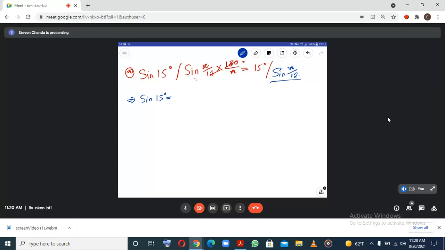Before you start solving, you want to ask yourself in which quadrant is the angle 15 degrees. I'm sure everyone should be telling me that it's going to be in quadrant 1.